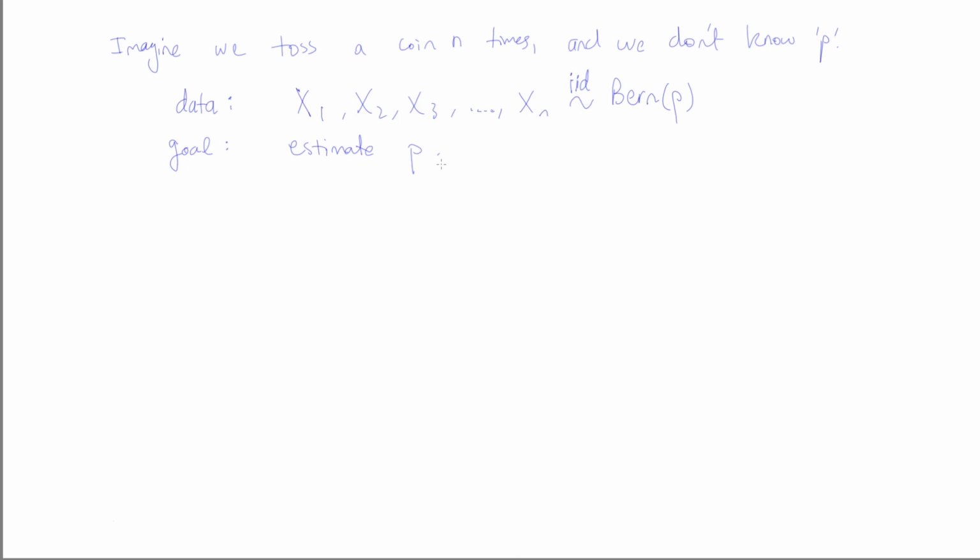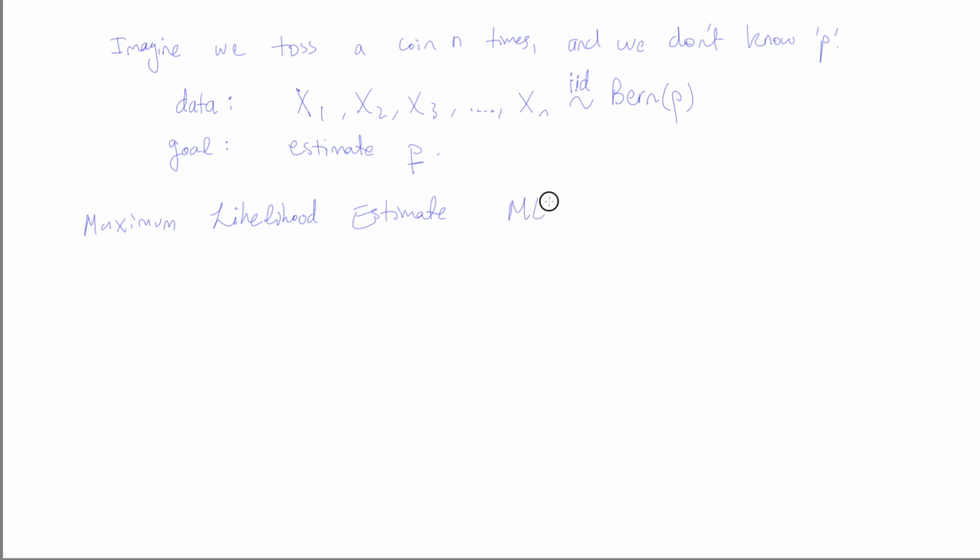So this is kind of where we start talking about doing statistics and estimation. So how do you estimate p? Well, a very common technique, probably the most famous technique for estimation, is called the maximum likelihood estimate.